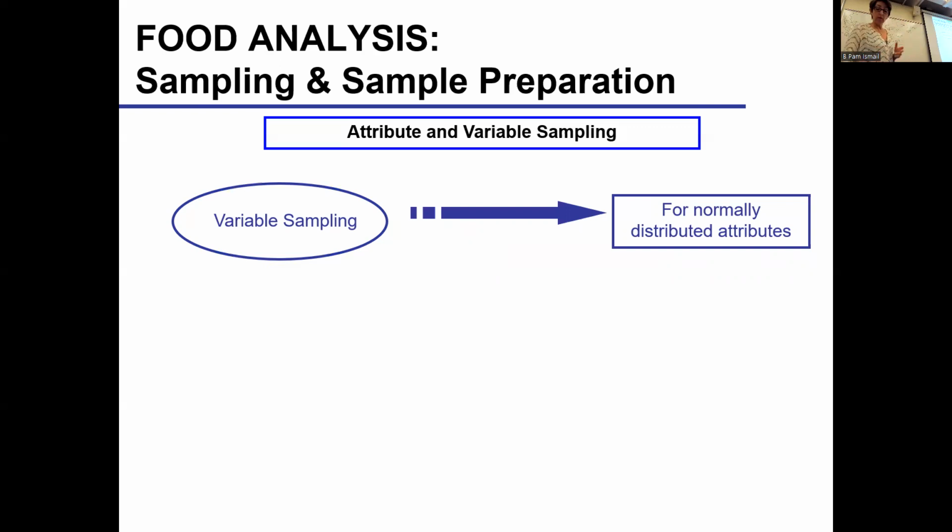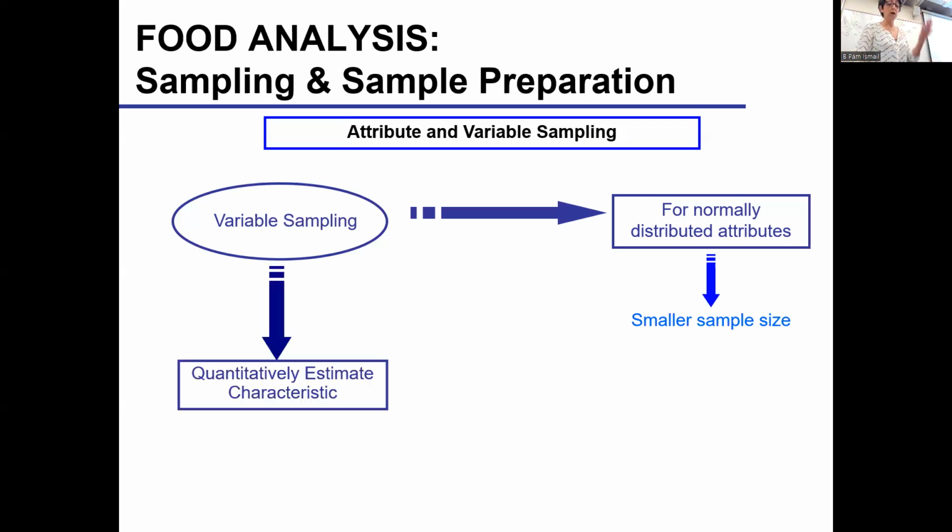So in this case, you would just need a small sample size. Not necessarily a large number of samples that you pull, a limited number of samples that you take out, because your attribute is consistently present in your entire sample or entire population.